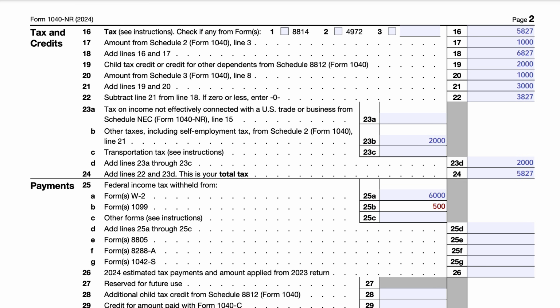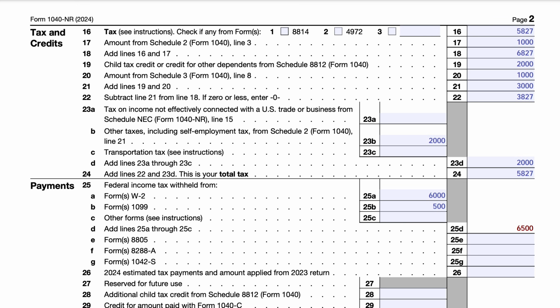If you receive a K-1 because you're either a partner or a shareholder in an S corporation, you could have taxes withheld from that. You could also have taxes withheld on a variety of other forms that are mentioned down here. But let's just imagine that John Doe does not have to pay the additional Medicare tax, and there are no other tax forms that he has income tax withheld from.